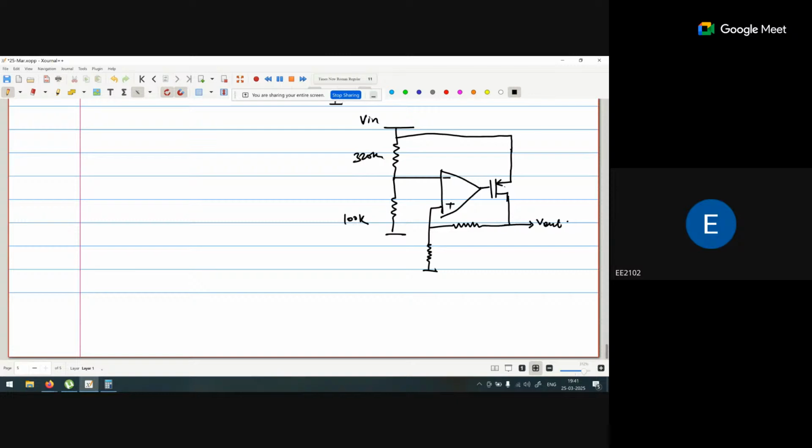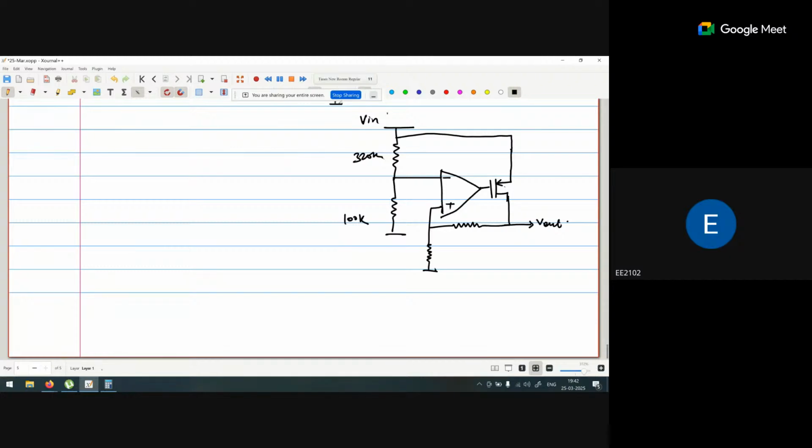Now, what is the problem with this circuit? Any idea? Any idea what is the problem with this circuit?